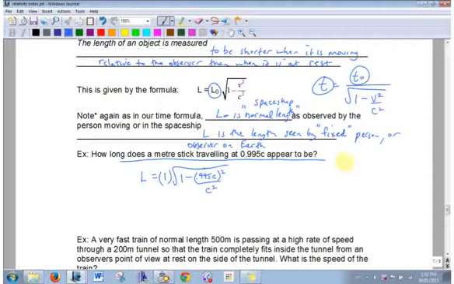Like in the question yesterday that said 1.5 times 10 to the 8, it'll work if you put that in there. Okay, you square both of these. That'll work. But what was easier that some of you guys found out? Like, what's 1.5 times 10 to the 8 in terms of c? It's 0.5.